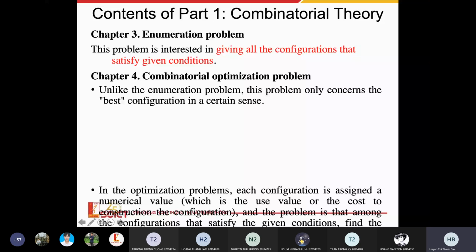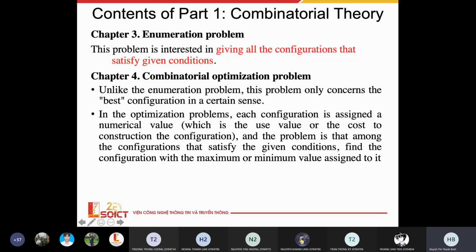We are interested in only one configuration, the best configuration. And in the optimization problem, each configuration is assigned a numerical value, which is the use value or the cost of construction of the configuration. And the problem is that among the configurations that satisfy the given condition, you have to find the configuration with the maximum or minimum value assigned to it.